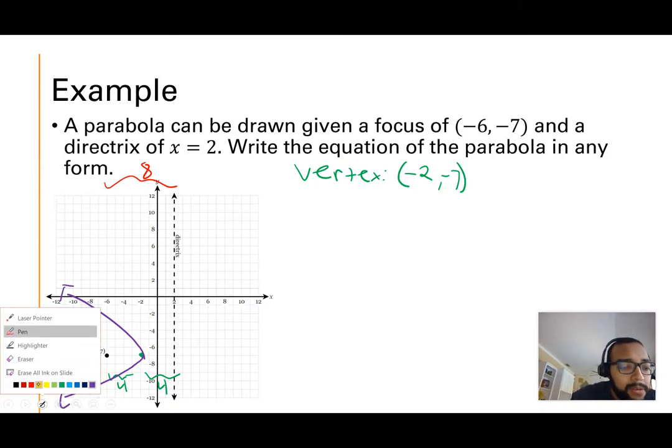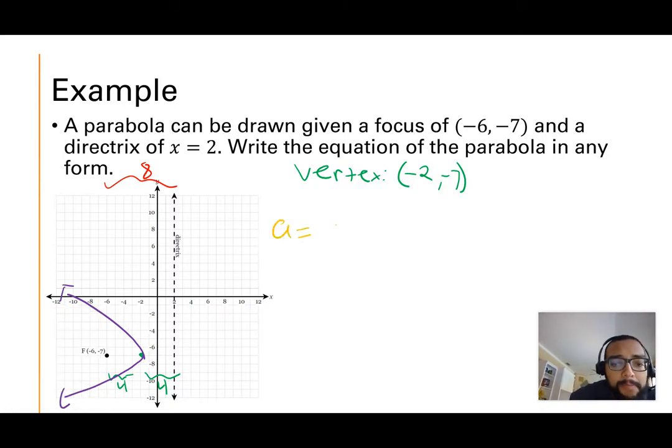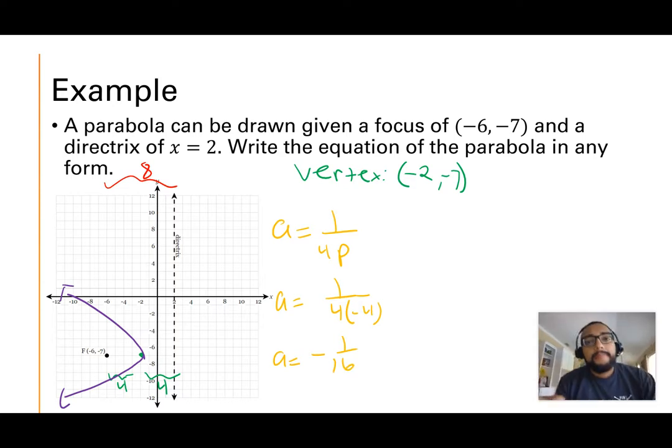Why do we need to know that? Well, for our a value, it's going to be negative 1 over 16. It needs to be negative because our parabola is opening to the left.